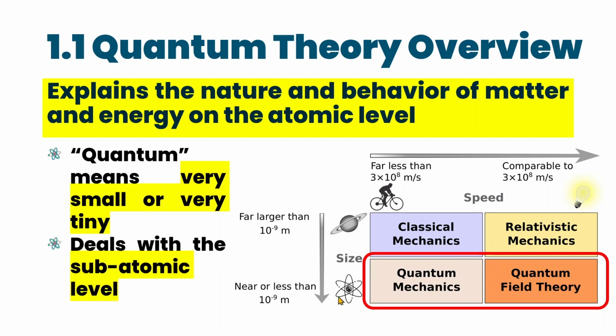At this level, the normal rules of classical physics, Newtonian physics, don't really apply anymore. Things start to behave in strange and fascinating ways, and that's where quantum mechanics comes in to explain what's going on. So, quantum theory deals with the very small, very tiny at the subatomic level.